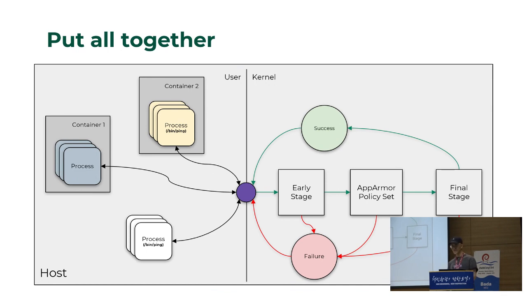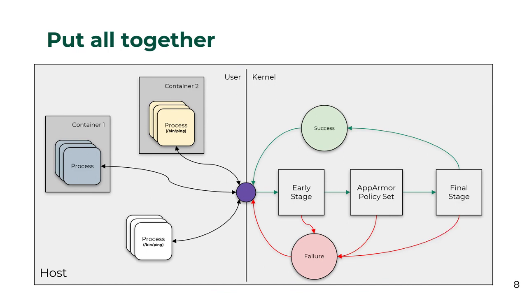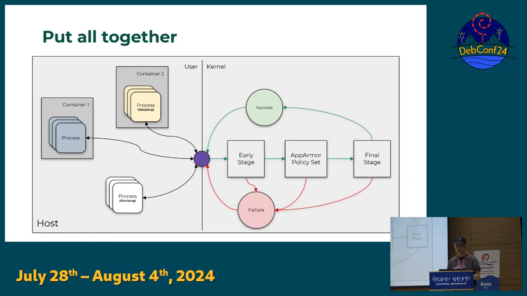So combining containerization and security modules like AppArmor would look like the picture. The purple circle represents the system call, which is the well-known user interface. The user space is on the left side, while the kernel is on the right side.